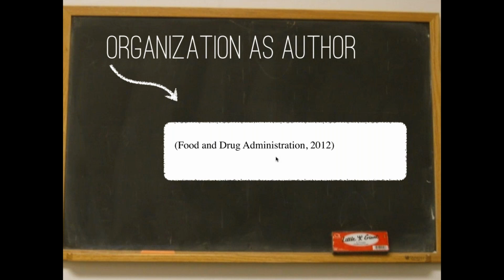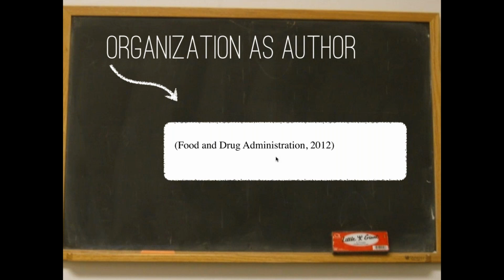There's a different way that you can do this as well, which is an organization as an author. If there's no specific author listed, but the information comes from an organization or company's document or website, for example, a study by the Food and Drug Administration or a quarterly earnings report from a company like Verizon, we're unlikely to have authors put on those kinds of reports because multiple people work on them.